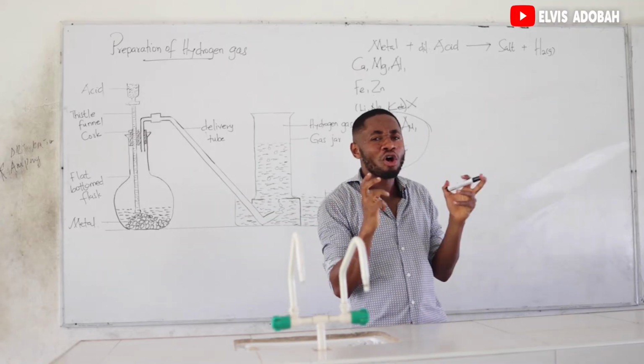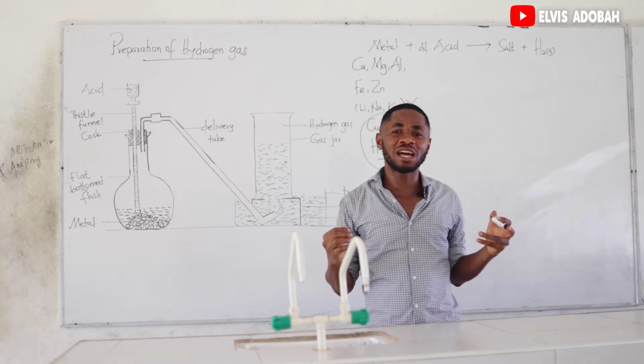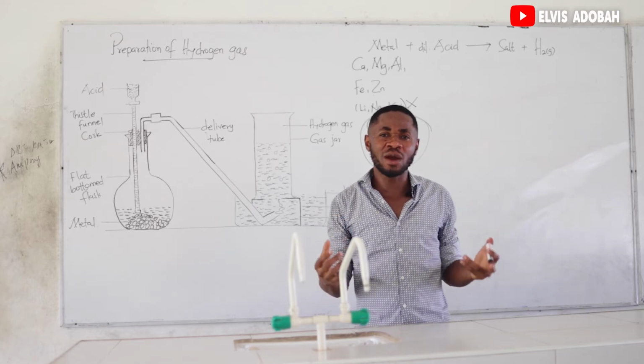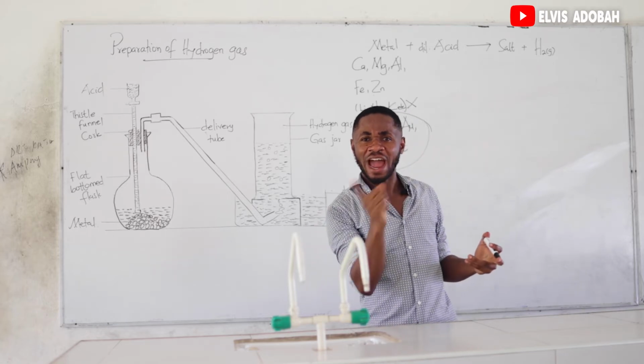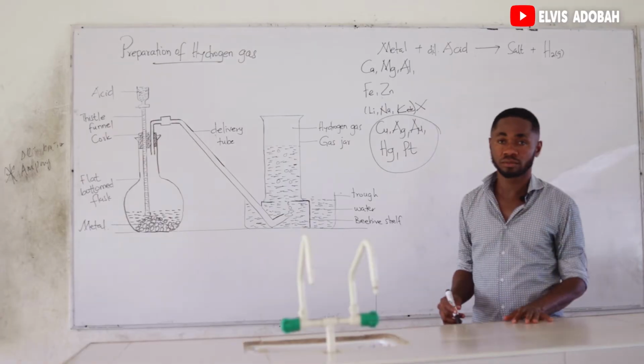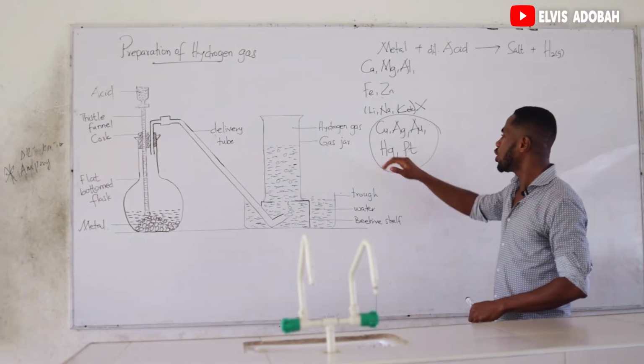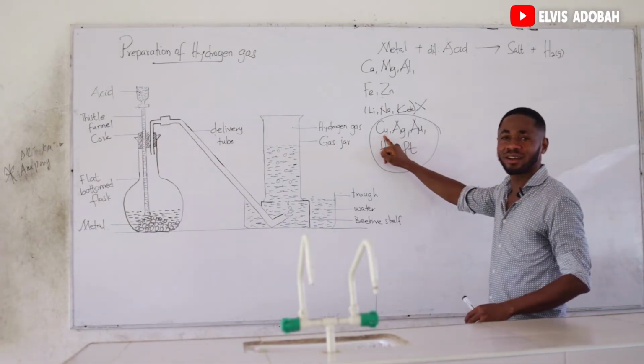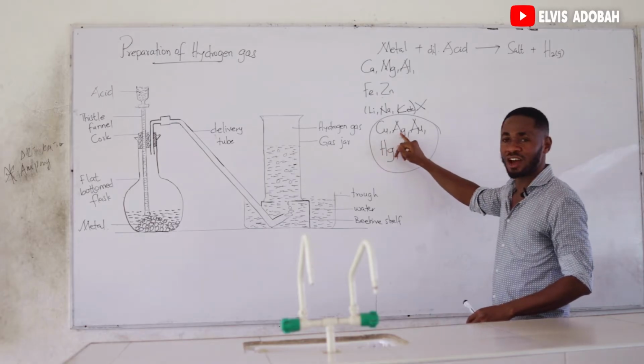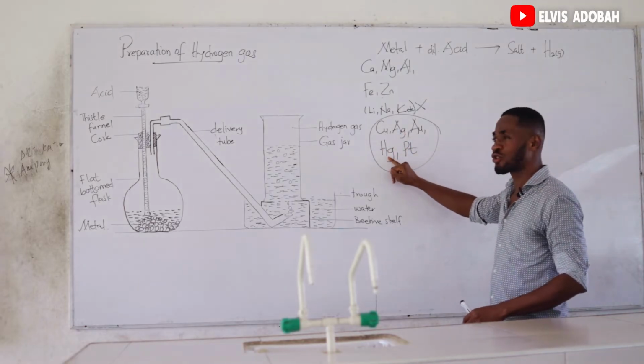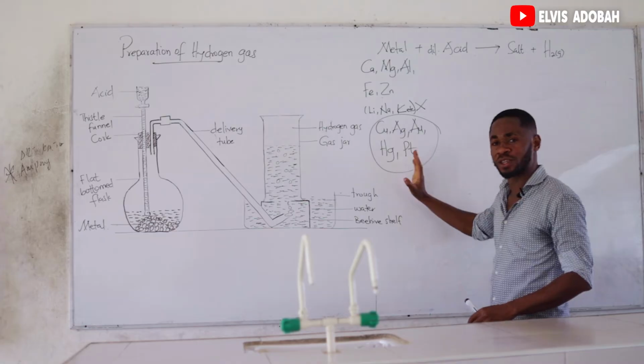They are dull metals, such that when you place them in an acid, they are unable to remove the hydrogen and replace it. Okay. We don't use copper, silver, gold, mercury, platinum for this reaction.